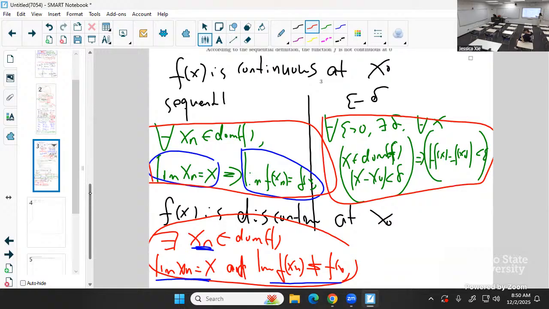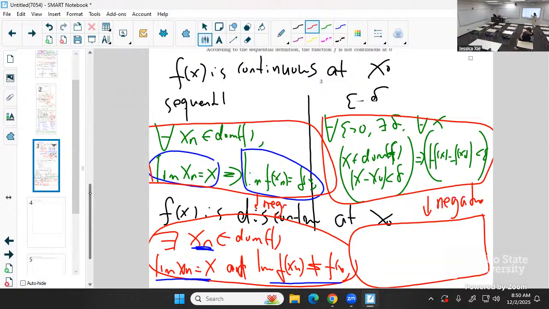What's the negation? Let's do it one by one. For all becomes there exists.